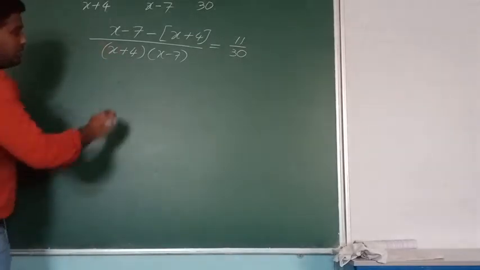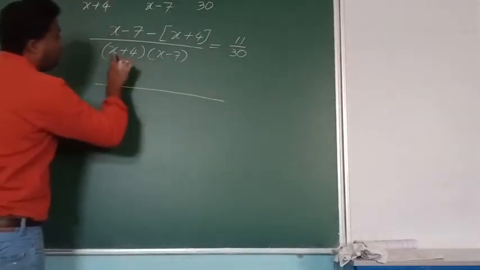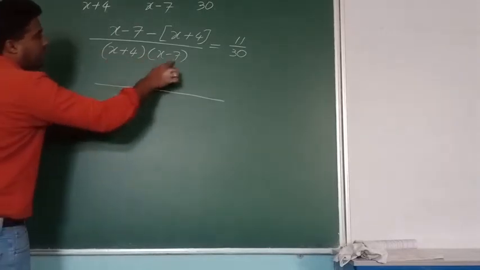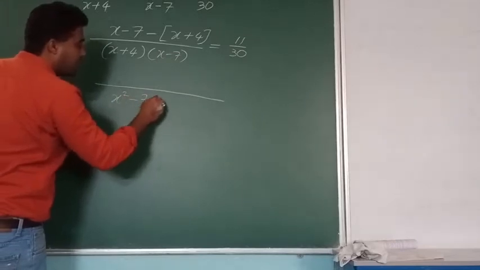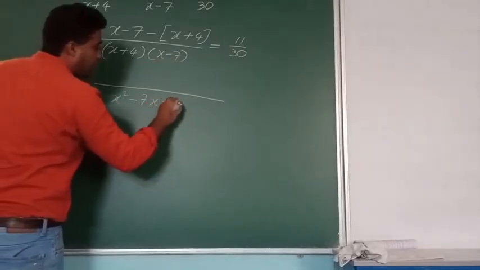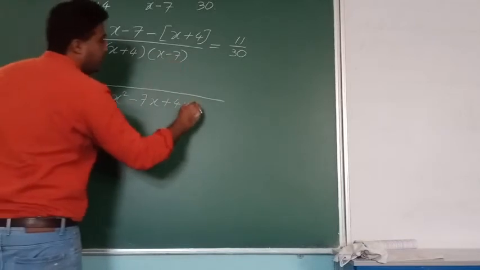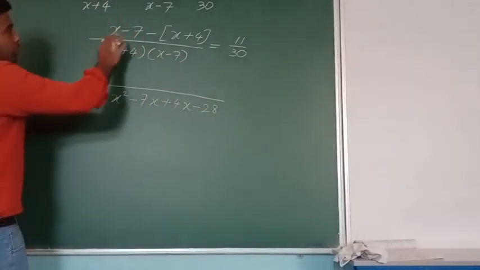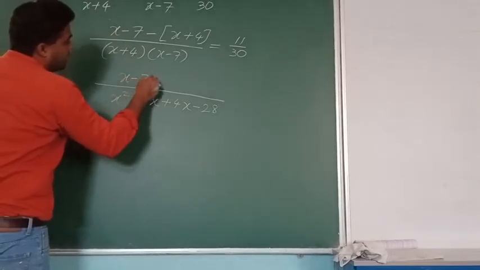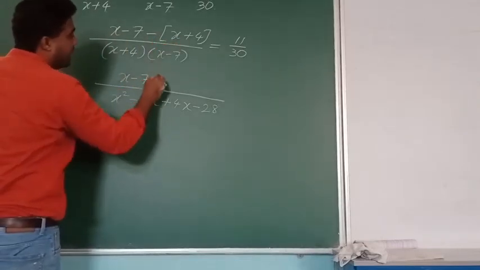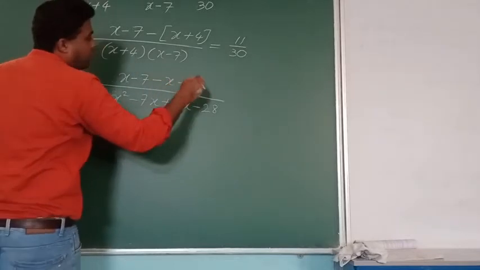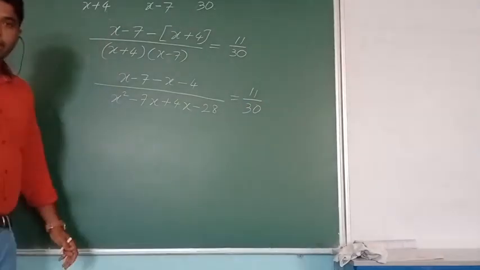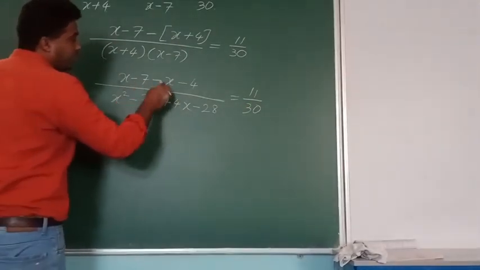After that, let's solve the denominator as well as the numerator. Denominator: x into x is x square, x into minus 7 is minus 7x, plus 4 into x is 4x, plus 4 into minus 7 is minus 28. This is the denominator. What about the numerator? First two terms as it is, then the minus sign: multiply inside, minus x minus 4, which is equal to 11 by 30. Then you should see that like terms can be cancelled.